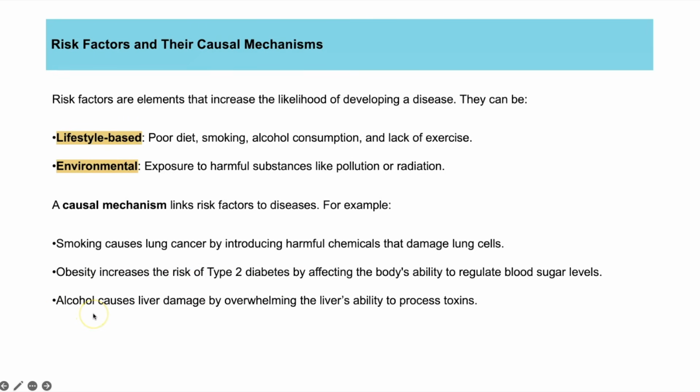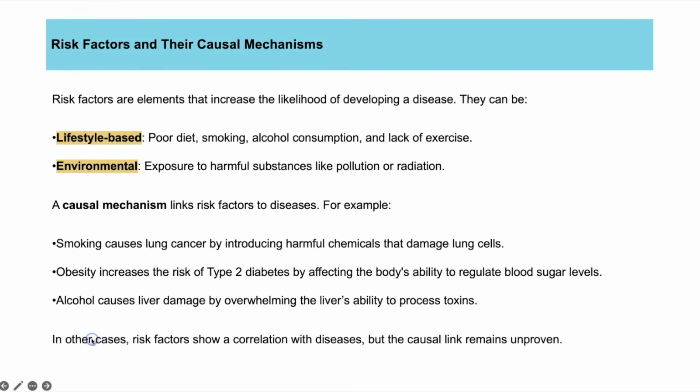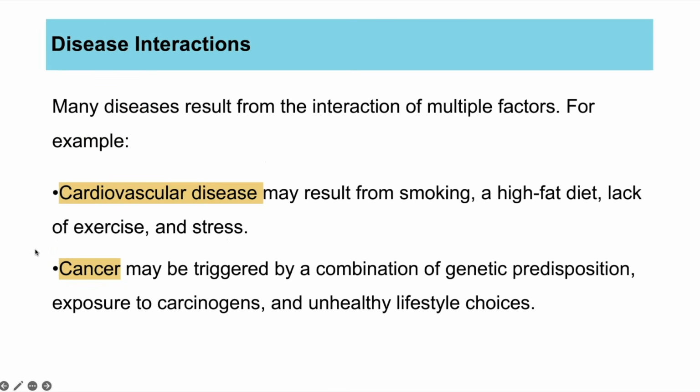And we know alcohol can cause liver damage. But again, it doesn't mean that it will always happen. It increases your risk, and we know that alcohol can cause these conditions, and the same with the other three. So the correlation doesn't prove it will always cause the disease, but we do know that there is that association between them.